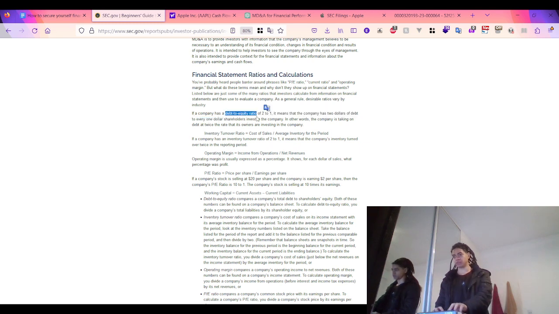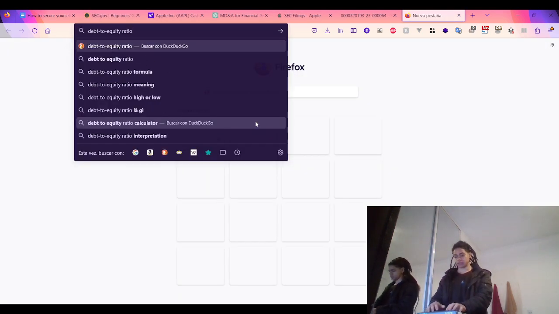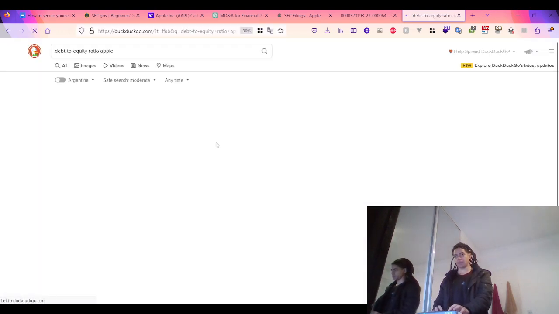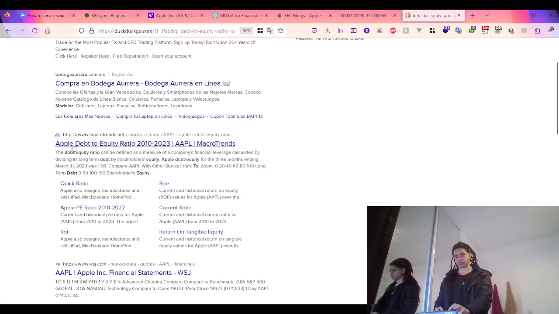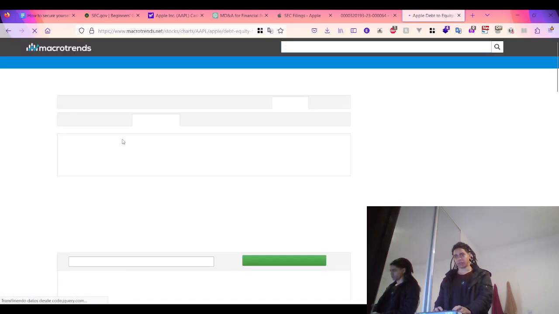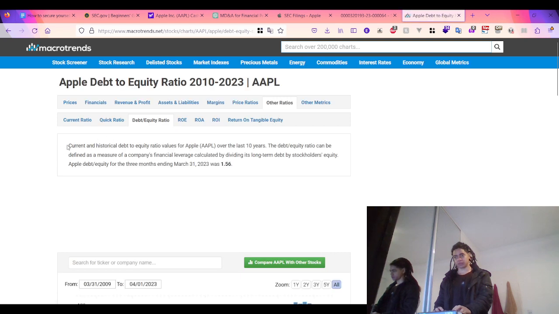So for example, if I take a closer look here at Apple's debt to equity ratio. The debt to equity ratio can be defined as a measure of the company's financial leverage, calculated by dividing its long-term debt by stockholders' equity.